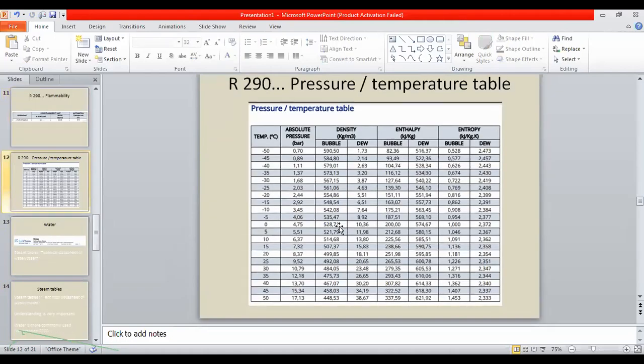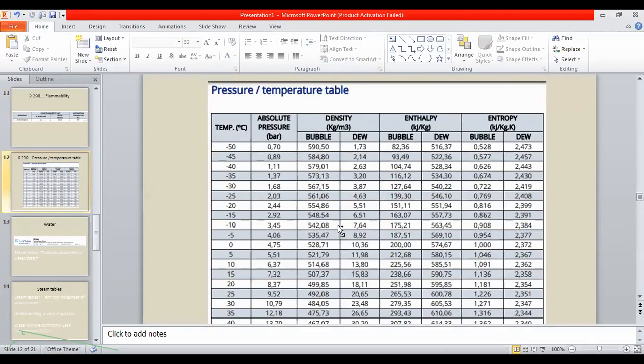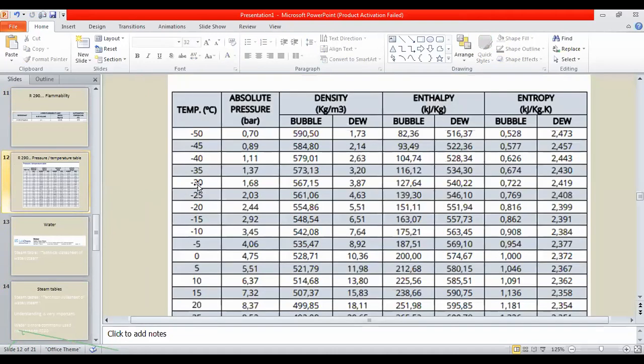You go to the pressure temperature table. Okay.